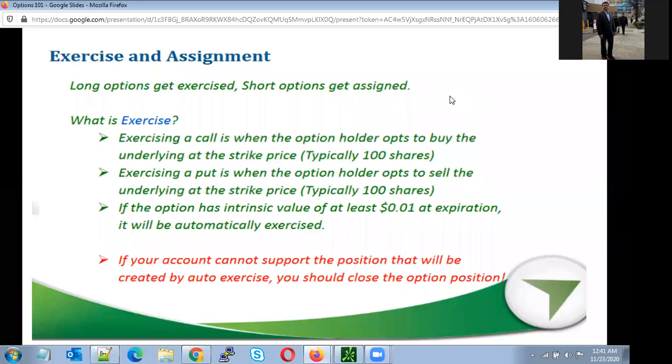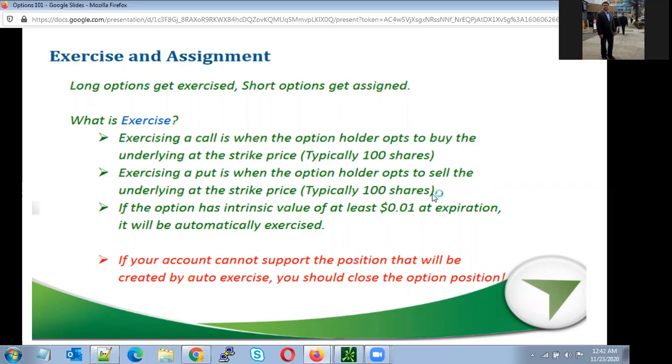So exercising the call is when the option holder opts to buy the underlying at the strike price, typically 100. At the end of the contract, you see the value. If it is 100.99, you are not going to buy, because you are still saving 1 cent. But if that contract is 101 or 100.5, you are making 50 cents. You are trying to buy that contract and sell in the market instead of leaving it, right?